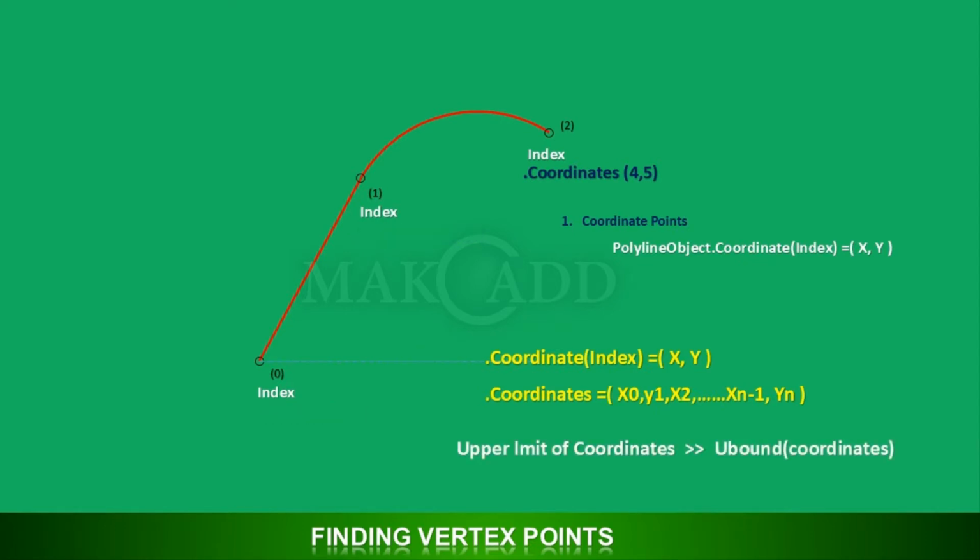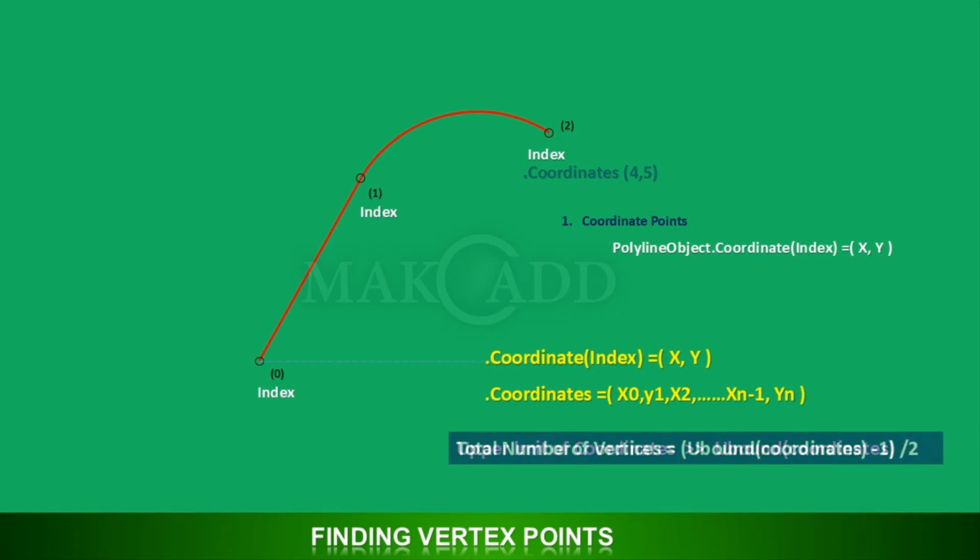When you find the upper limit of Coordinates, it will give you the total number of values in the polyline. So from this value we can find out how many vertices are in that polyline. In this polyline we have three vertices, so the upper limit of the coordinates will be 5.